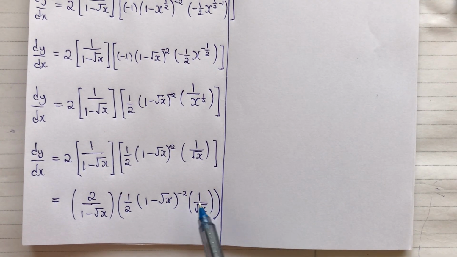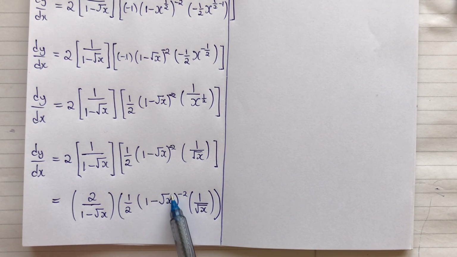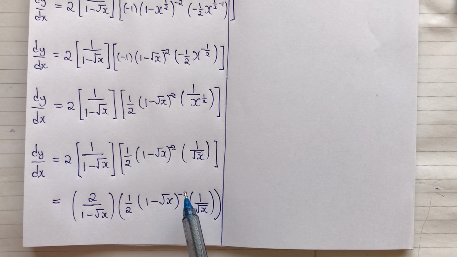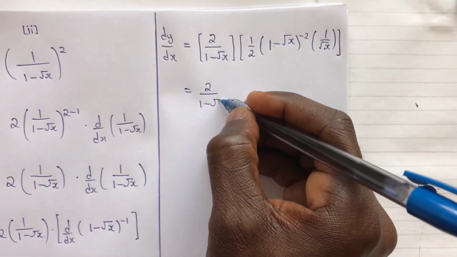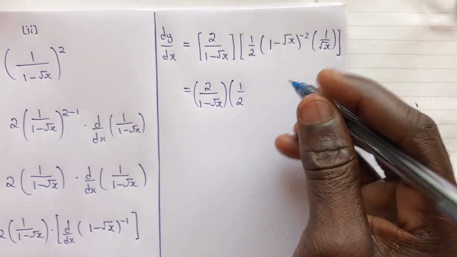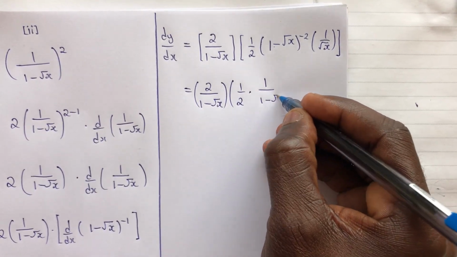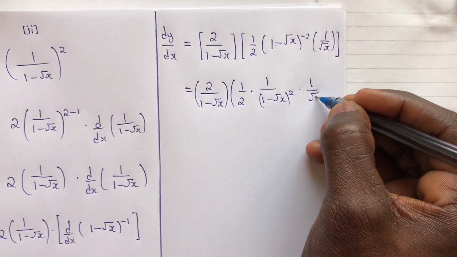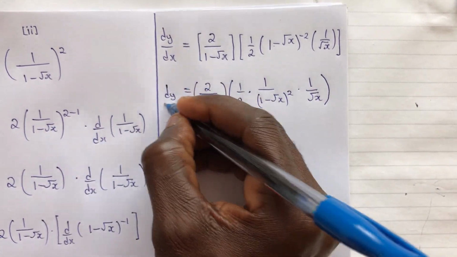So because of this negative 2, which I nearly forgot, we can change this part of the equation into a fraction. So I'll rewrite this one, then we do that. So we have 2 over 1 minus root x, still multiplying 1 over 2, then times 1 over 1 minus root of x all squared times 1 over root x. So we can close the bracket here.